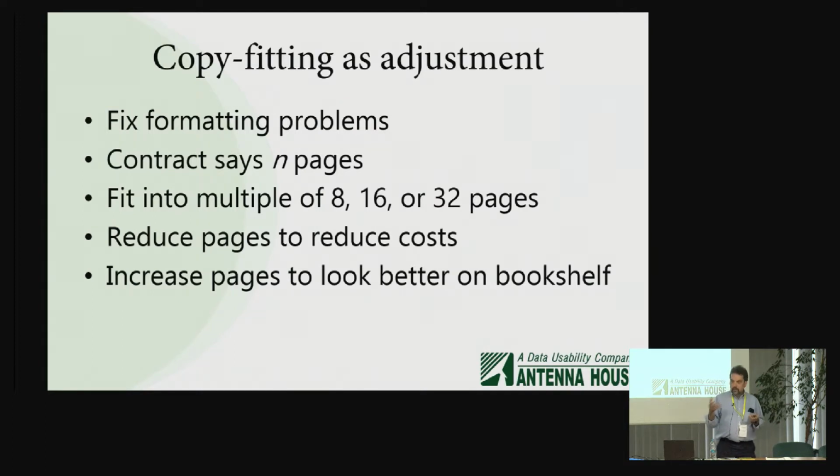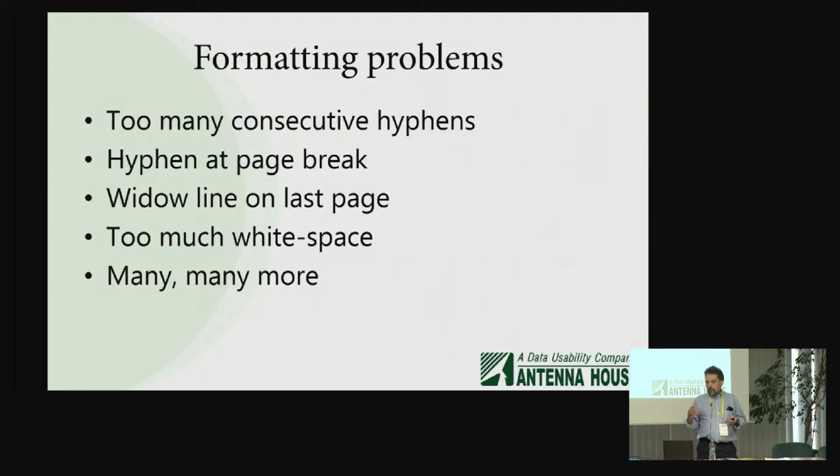This is often because it's more efficient to print a book that is a multiple of 8, 16, 32, perhaps even 96 pages than to print something which is 98 pages, which is a number of standard signatures plus 2 extra pages that need to be tipped in as an extra operation. Sometimes you might want to reduce the page count to decrease the cost of producing the book. Sometimes you want to fluff the book up so it looks better on the bookshelf. There's any number of formatting problems that could happen.